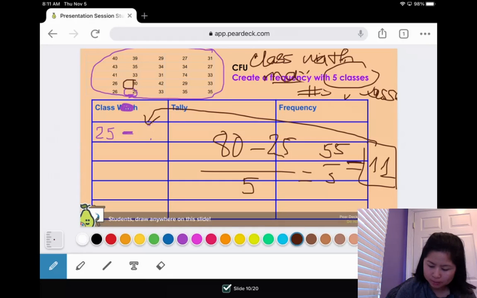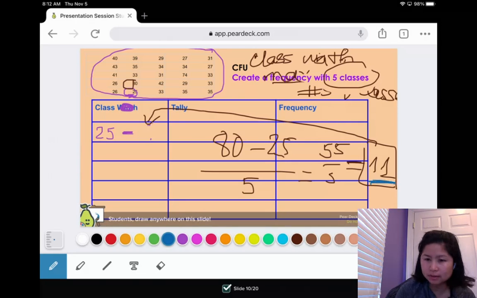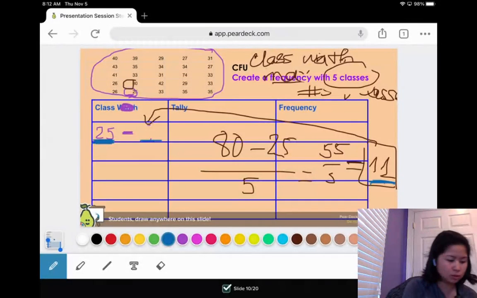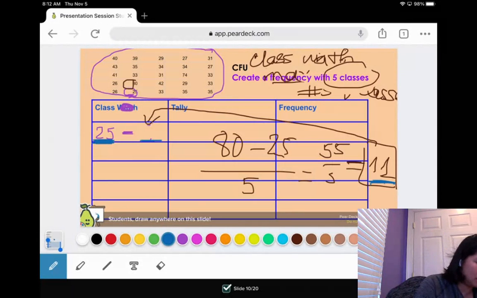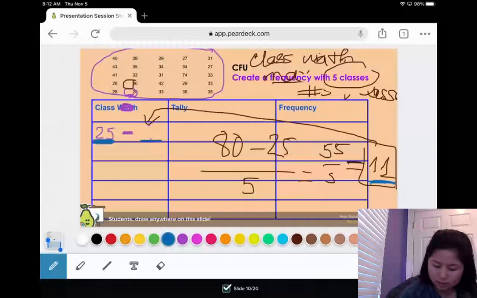All right, for my upper limit, the whole point of getting this 11 is so that I can take my lower limit, 25, plus 11. This will give me the upper limit right here. So 25 plus 11 gives me 36.